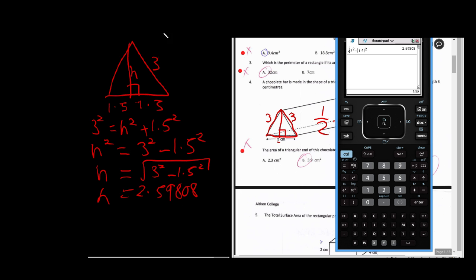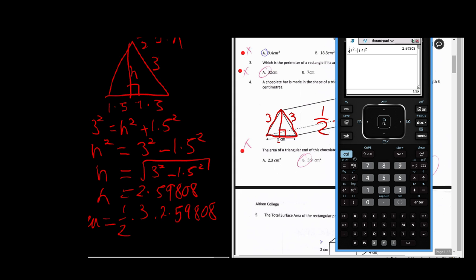But we want to find half the base times the height. So the area will be equal to a half times the base, which is 3, multiplied by the height, which is 2.59808. So just typing that all in again.